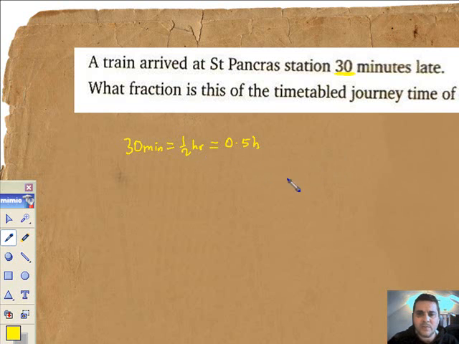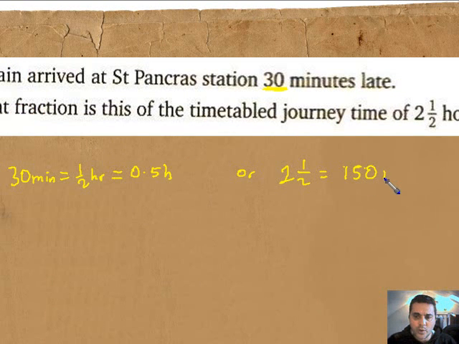Or you can say the 2.5 hours is 2 lots of 60, that's going to be 120 plus an extra 30 minutes for the half an hour. We've got 150 minutes. Alright, now you can work with any one of these two, but you can't mix the units up. So let's just do both ways.